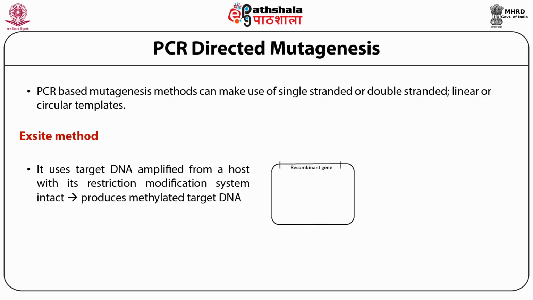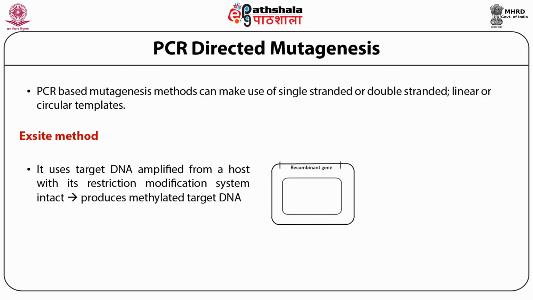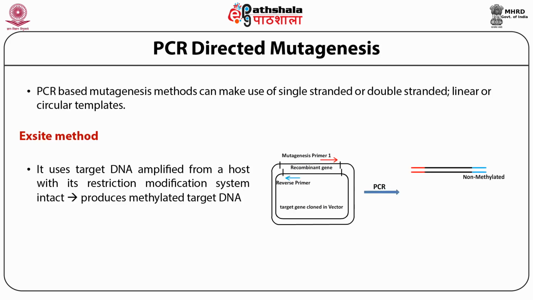So that is the prerequisite of this method. Once we amplify the recombinant DNA which has to be mutagenized in such a host, which would make the recombinant plasmid methylated, the isolated target DNA can then be subjected to the mutagenesis method.